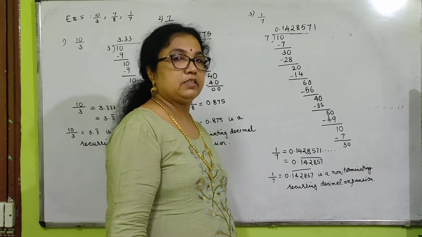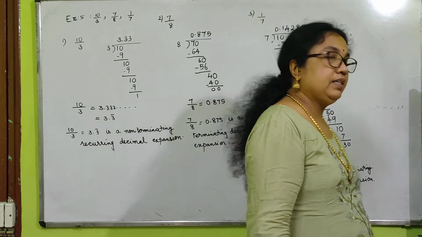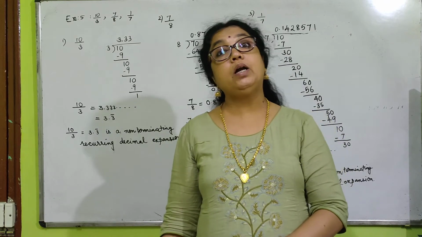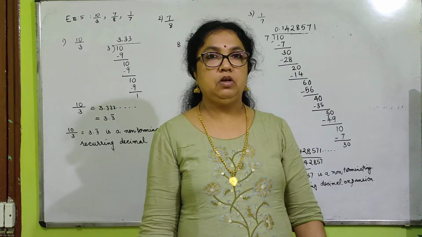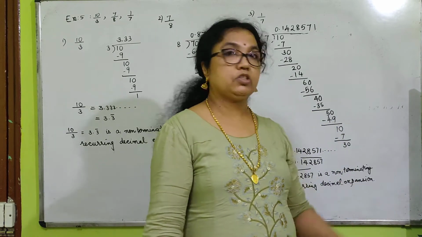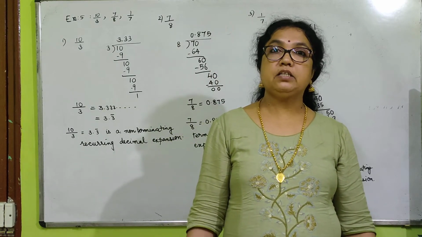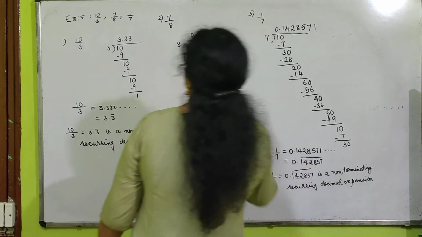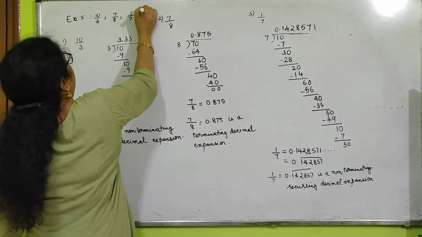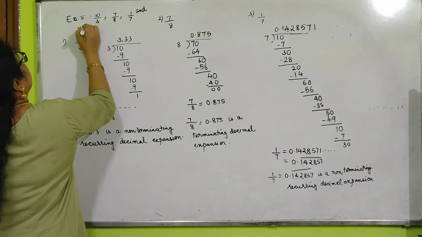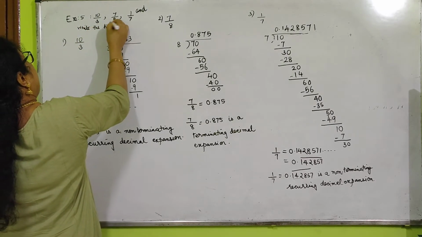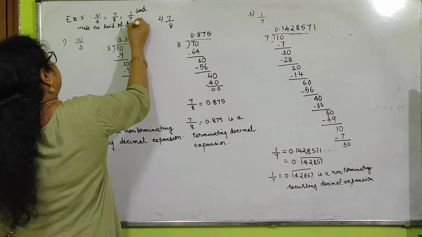So actually in example 5 they only said to find the decimal expansion, but I also found out what kind of decimal expansion. So while writing this question you have to write the decimal expansion and also the kind of decimal expansion. Understood?